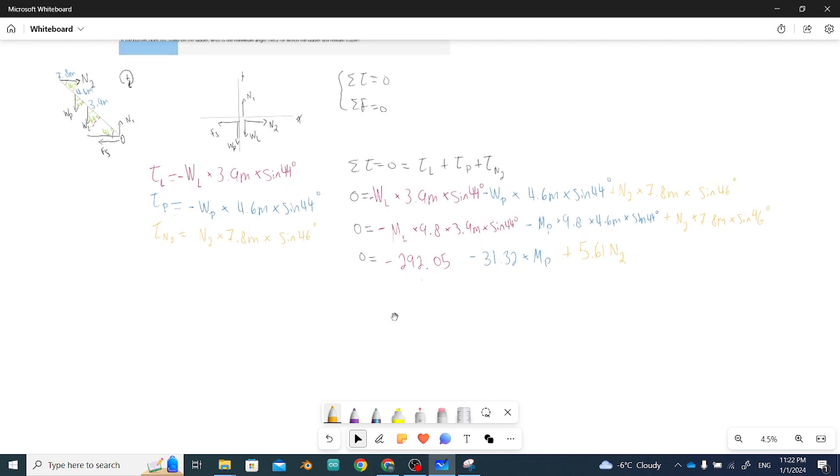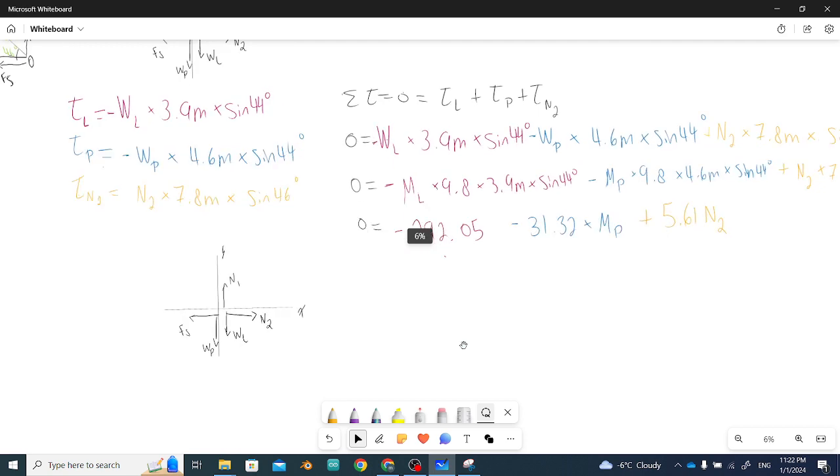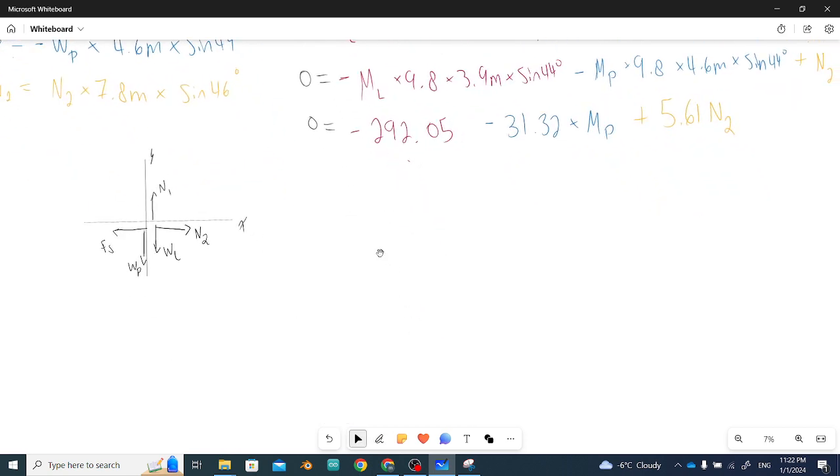So let me just bring that over here. All right, so we have that. Now, since the sum of forces is equal to 0, we can do two equations out of those.